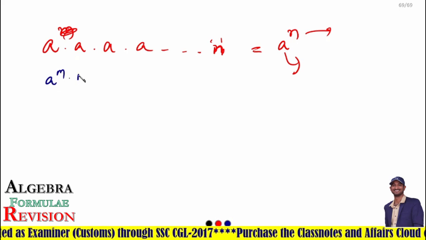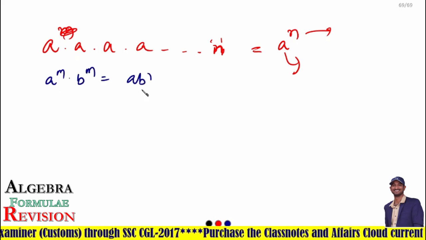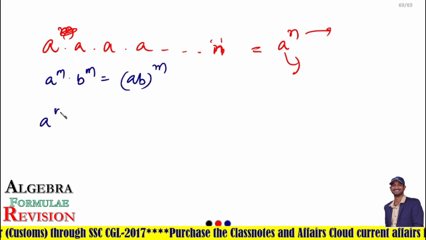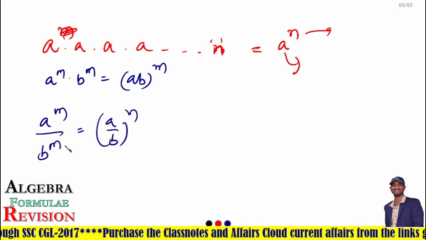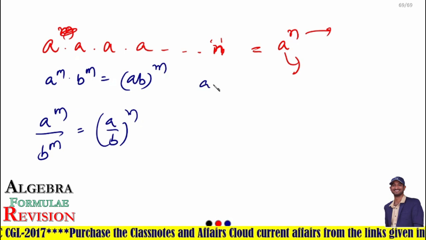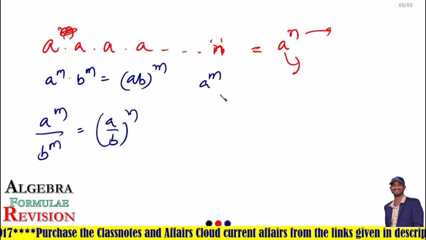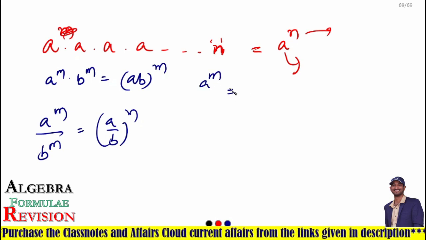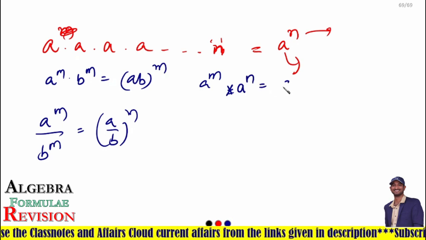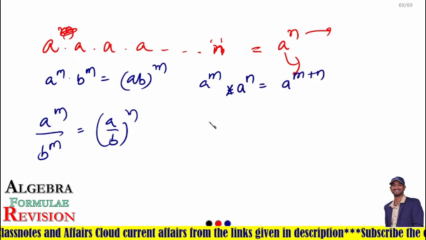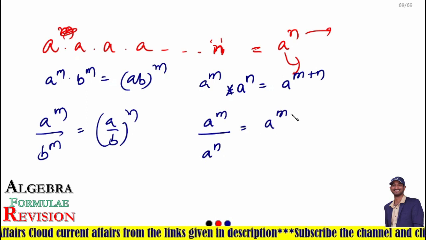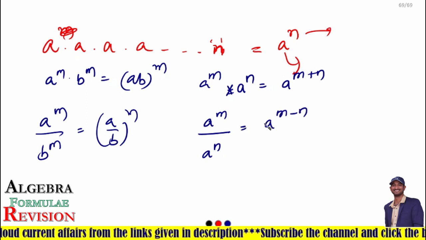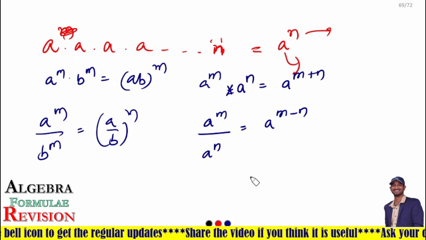a power m into b power m is (ab) whole to the power of m, and a power m by b power m is equal to (a by b) whole to the power of m. a power m into a power n is equal to a power m plus n. a power m by a power n is equal to a power m minus n. Okay.